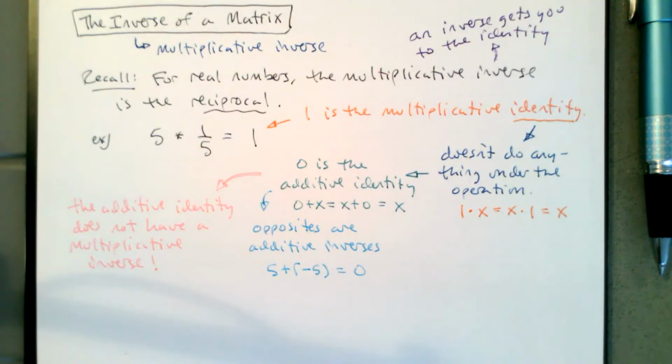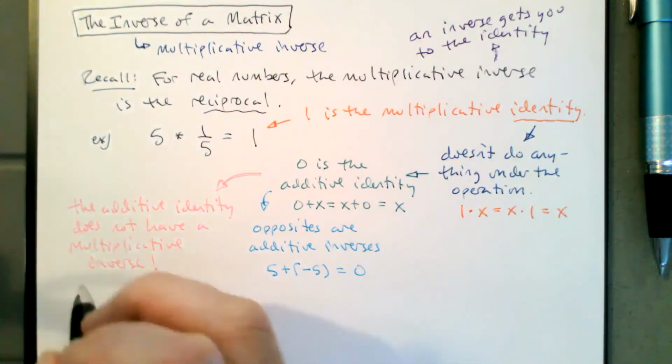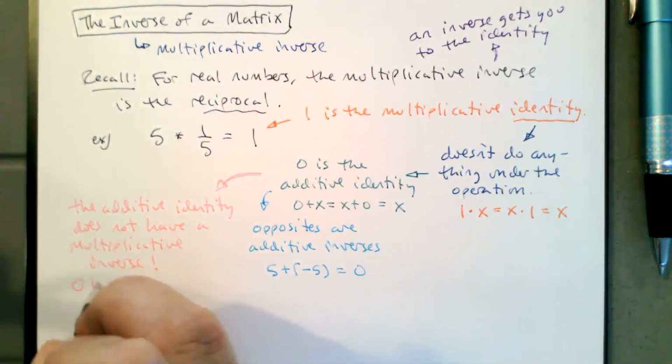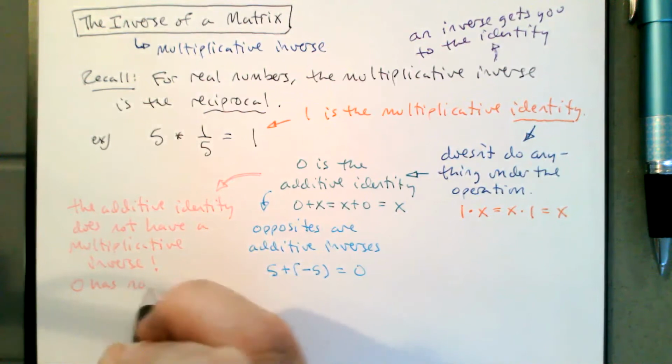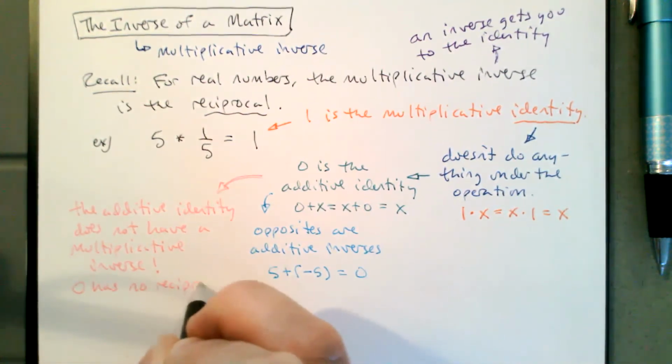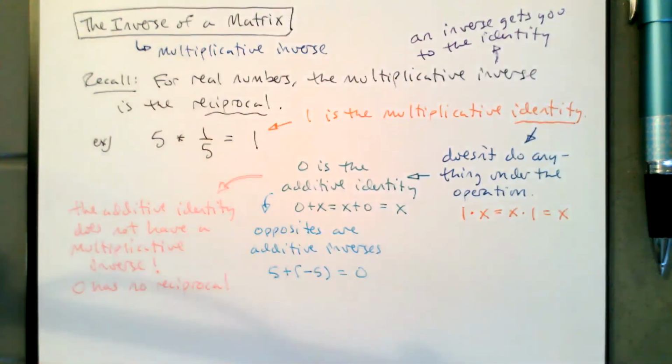I can't multiply 0 by anything and come up with 1. So 0 has no reciprocal. All right, that's some context. Because we're talking about multiplication, we need to understand identities and inverses, multiplicative inverses.